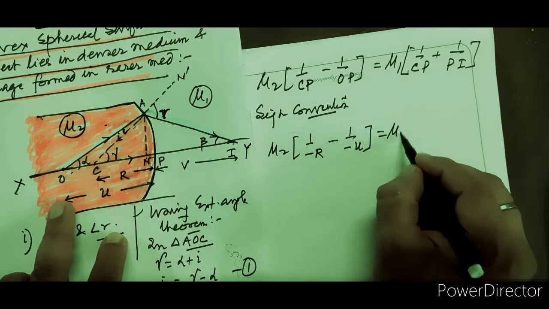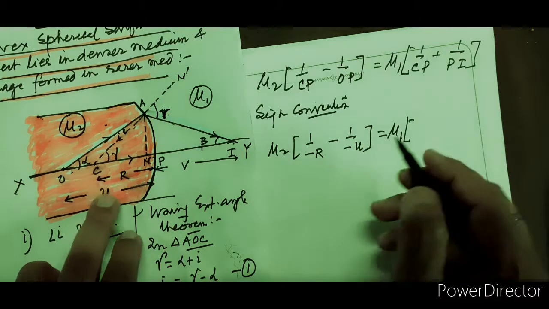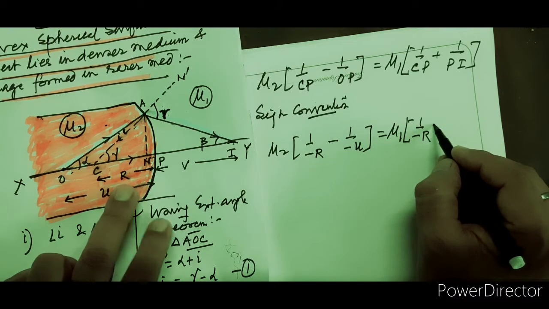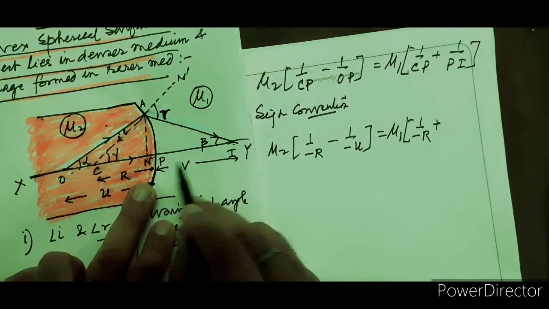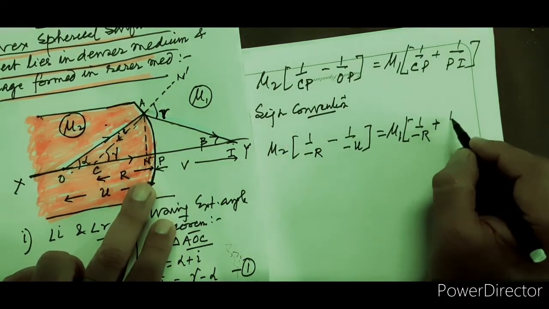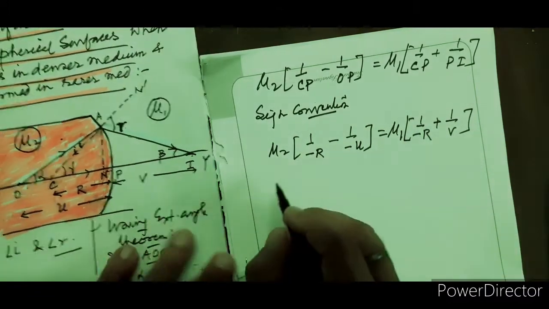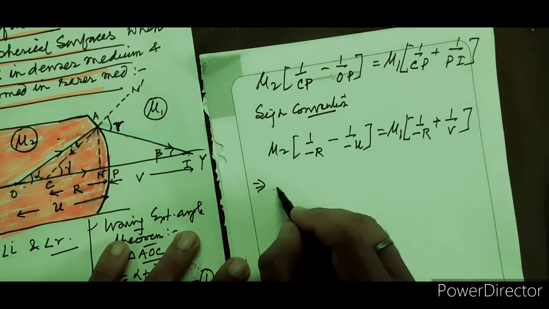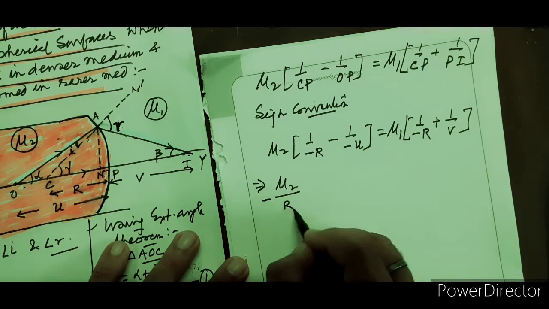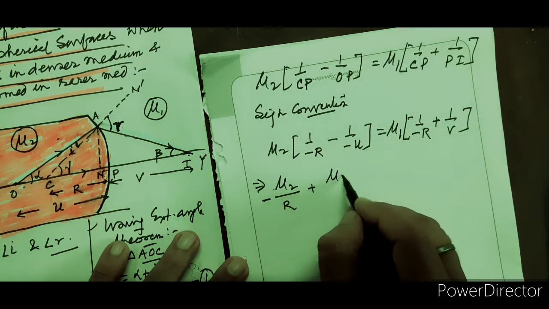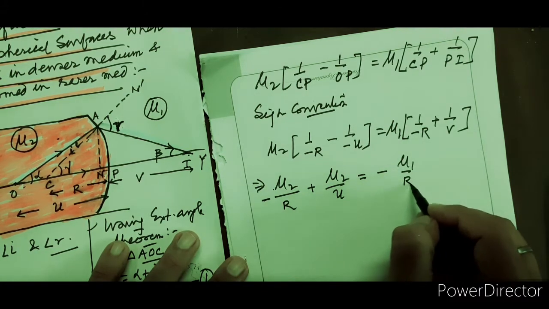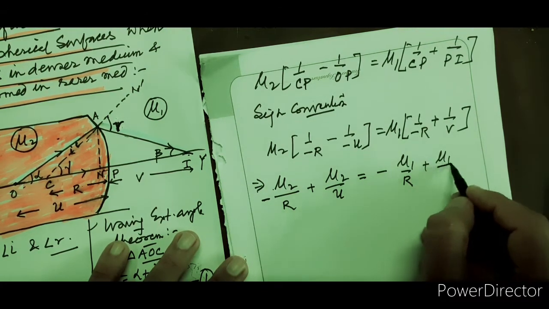This is equal to mu1 times (1 by CP, negative R, plus PI). The image distance is along the direction of the incident ray, so it is positive, 1 by v. So that comes out to be mu2 by R plus mu2 by u is equal to minus mu1 by R plus mu1 by v.